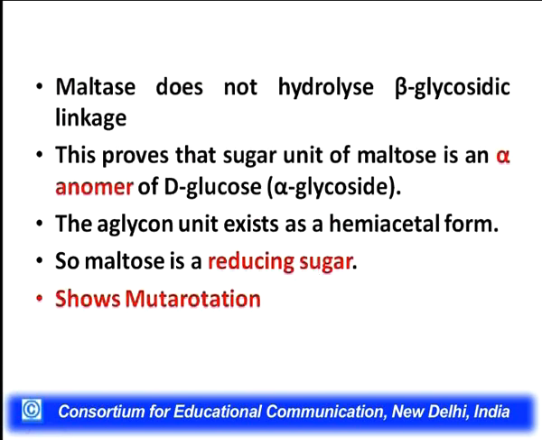What we have to remember further is that enzymes are specific in nature. That is, they will cleave only at a specific site, which is the active site of the substrate. So maltase does not hydrolyze beta glycosides, which shows that maltose has an alpha glycosidic linkage and not a beta glycosidic linkage. The aglycon unit will exist as a hemiacetal, as we've seen in the last reaction also.